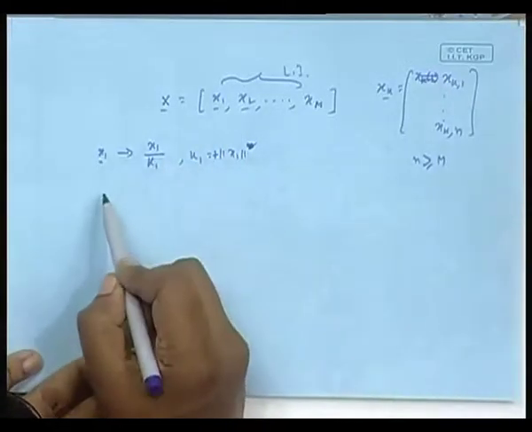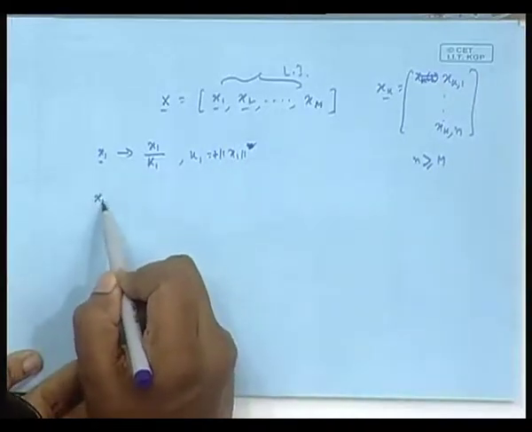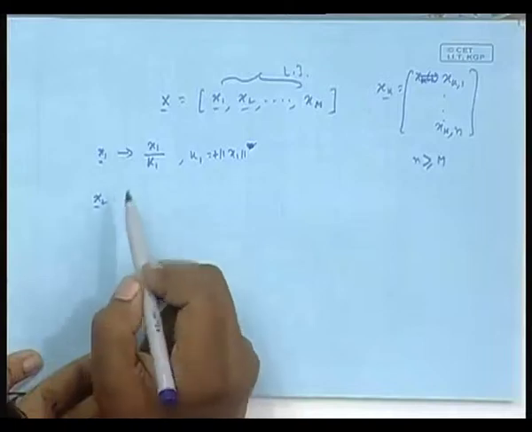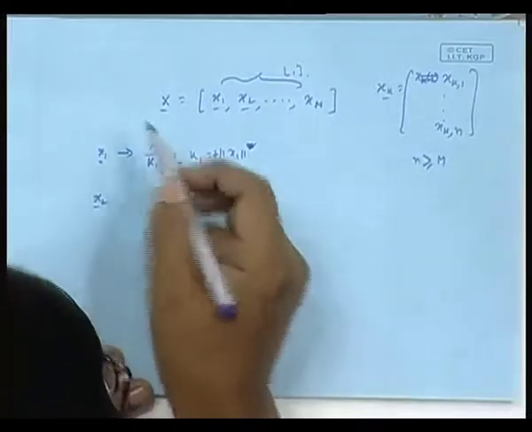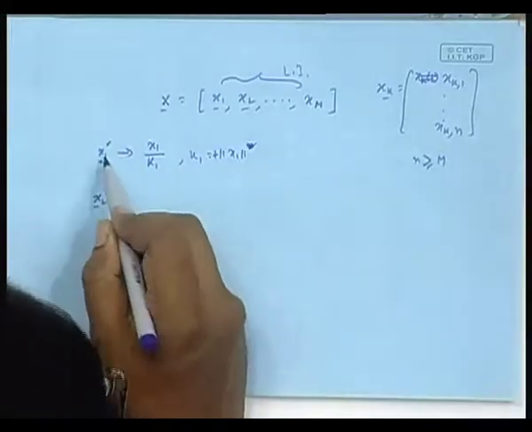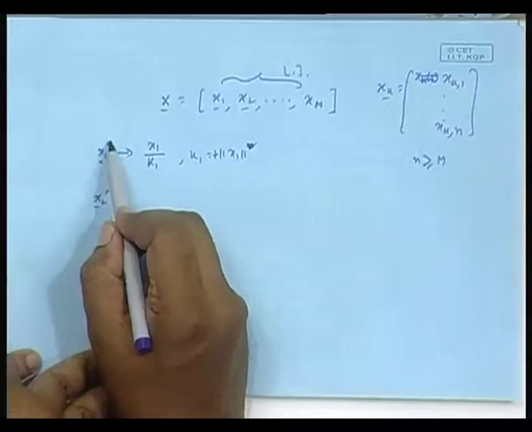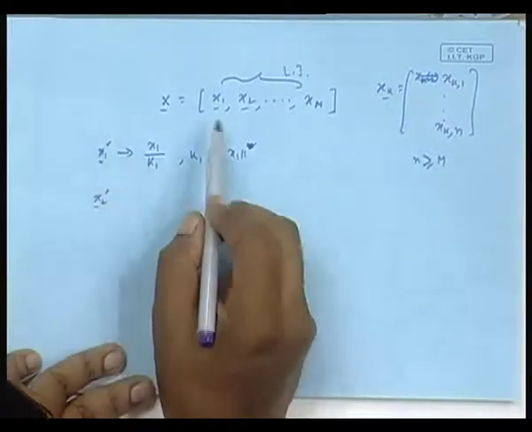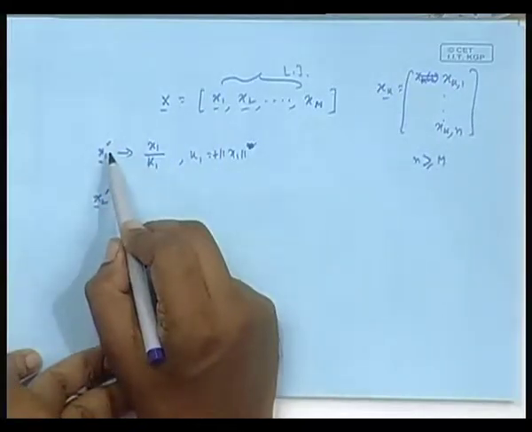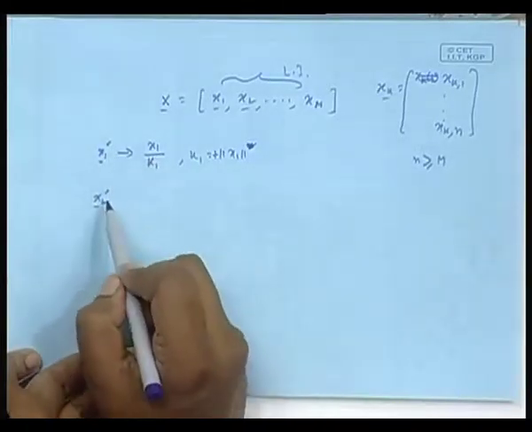So, that means I will get x 2, I should have a prime here. This is a new vector I am developing. It cannot be x 1. x 1 prime. From x 1 I develop the first orthogonal basis vector, which is x 1 prime, this unit norm. Then I develop x 2 prime.